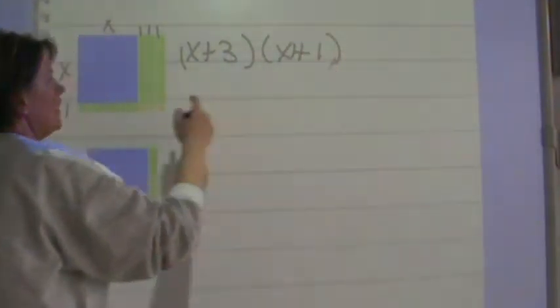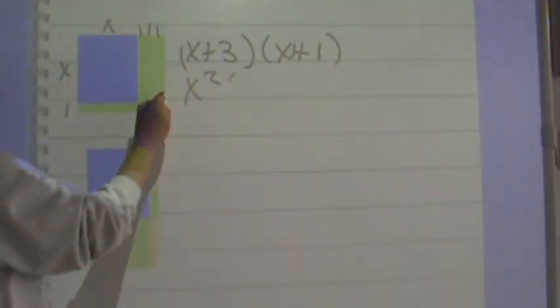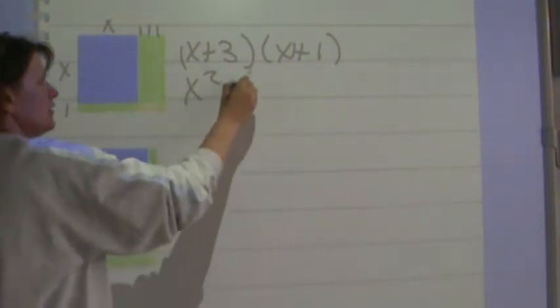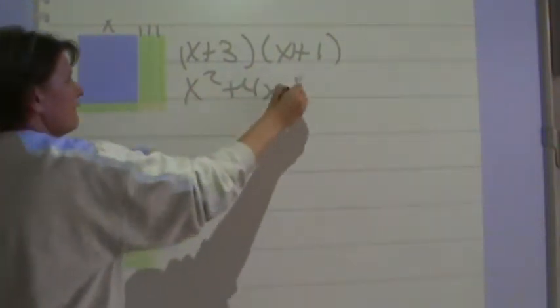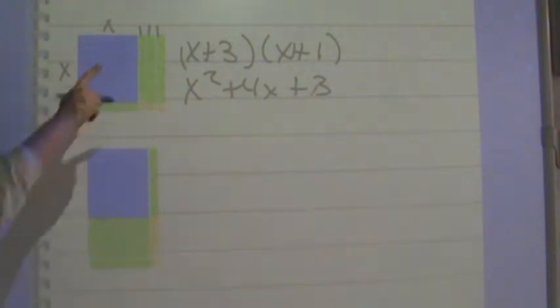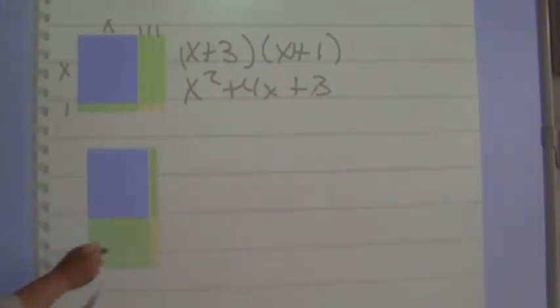Let's try a couple more of these. This would be x times x plus 3 times x plus 1. And then this would be x squared plus 4x plus 3. So again, those are interchangeable. I'll show you how in a second.